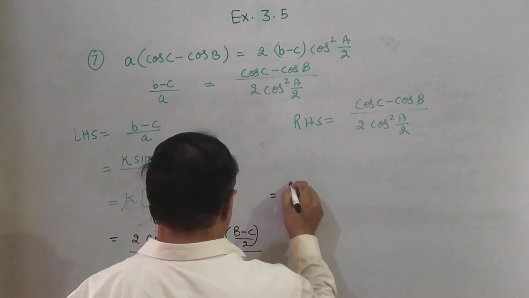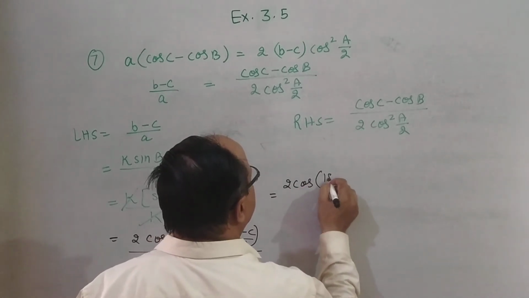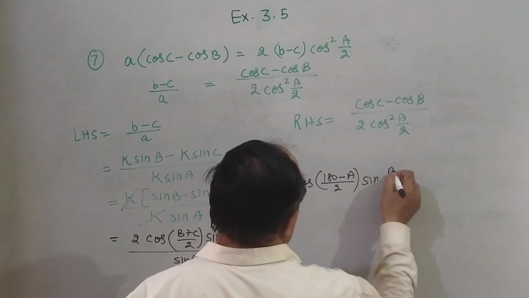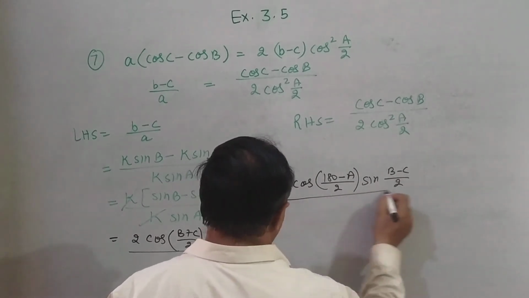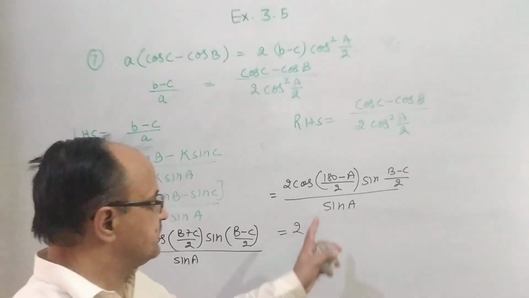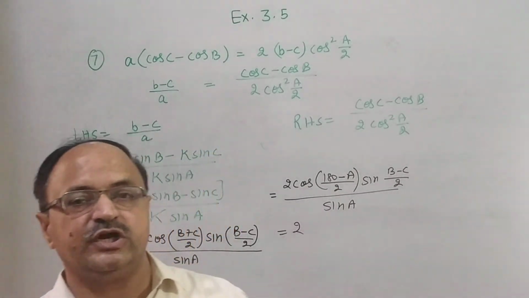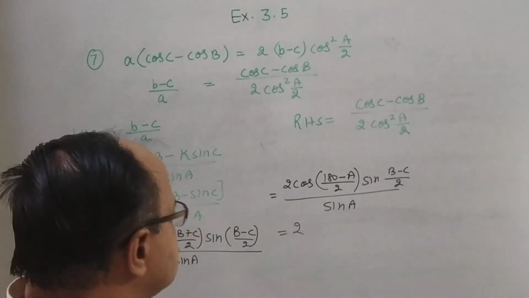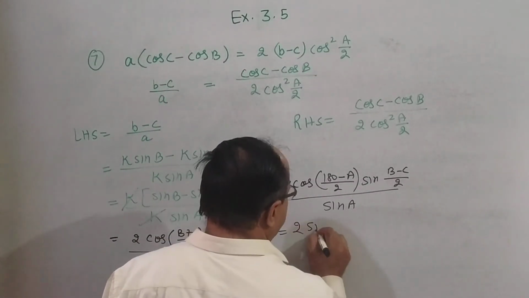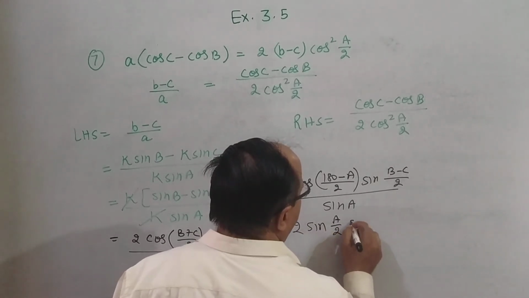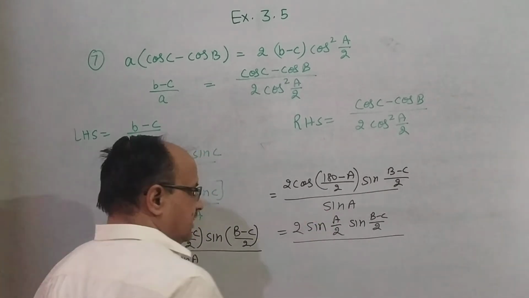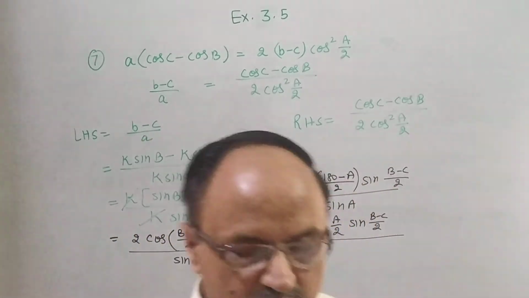Therefore, 2 cos, you can write here (180 minus A) by 2, sin (B minus C) by 2 upon sin A. After simplification, 180 by 2 is 90, so cos (90 minus A by 2), that is sin A by 2, and here sin (B minus C) by 2 divided by, now put the formula of sin A.